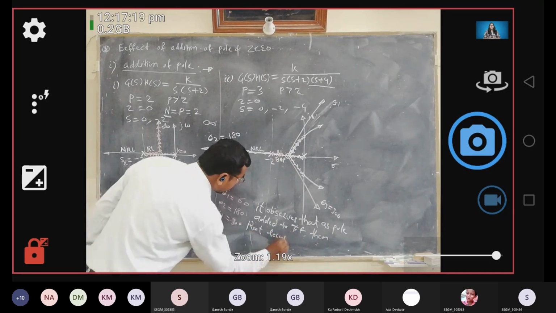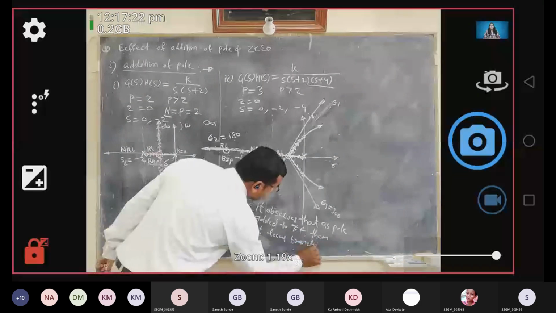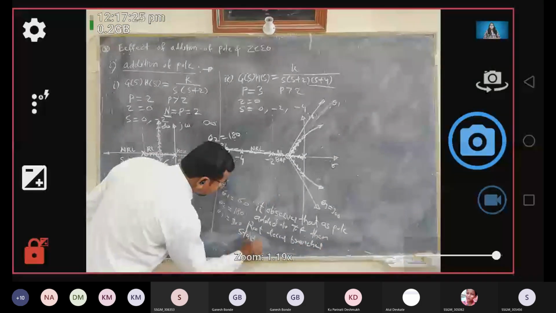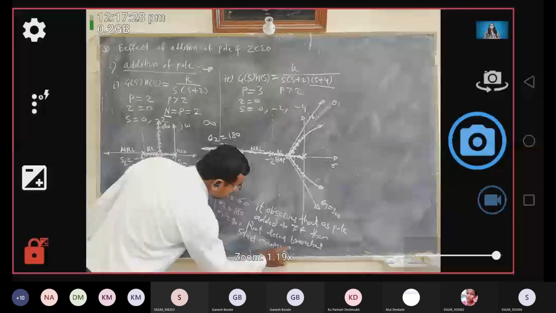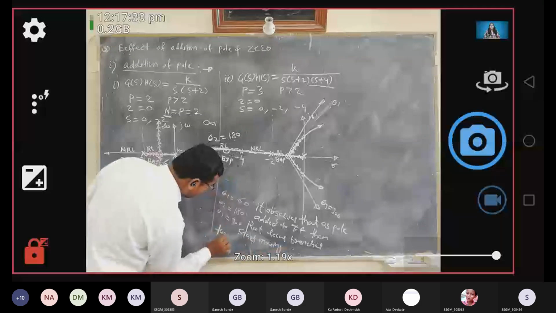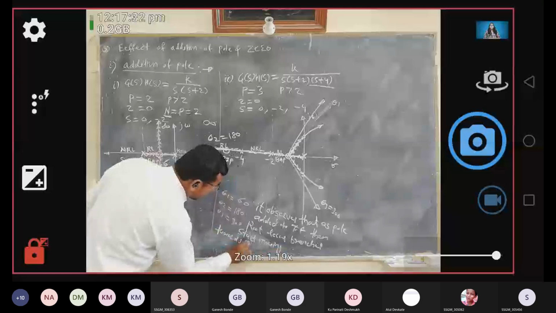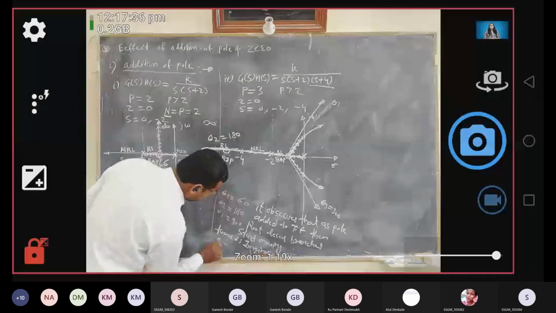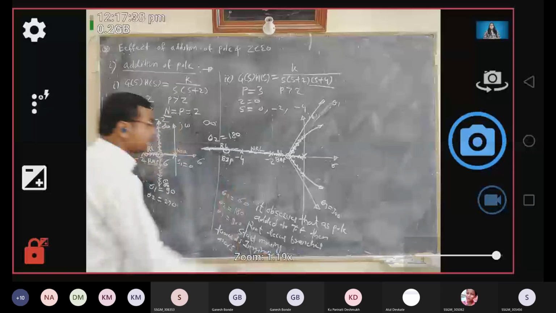So it observes that as a pole is added to the transfer function, the root locus branches start moving towards the imaginary axis. That means what?